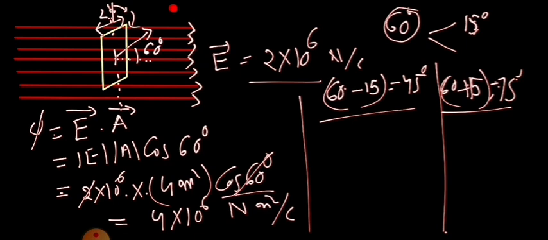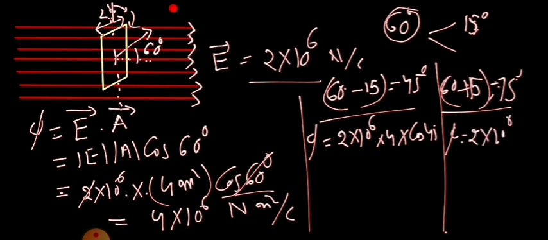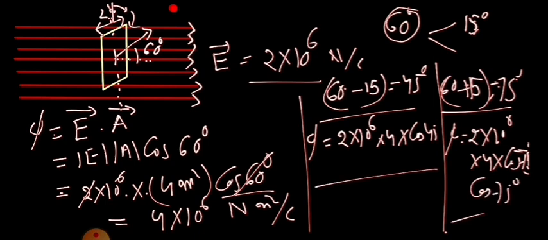In one case the flux will be equal to 2 into 10 to the power 6 into 4 into cos 45. In the other case it will be 2 into 10 to the power 6 into 4 into cos 75 degree. Two answers are possible.